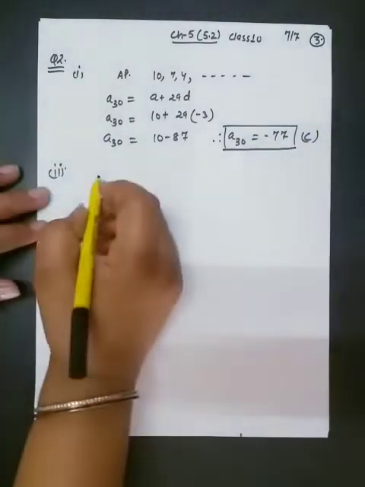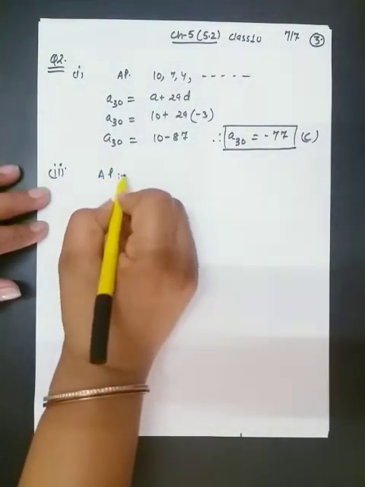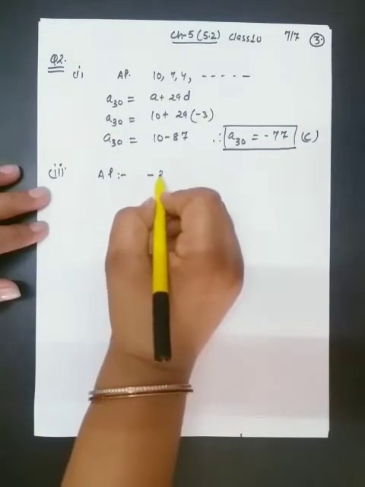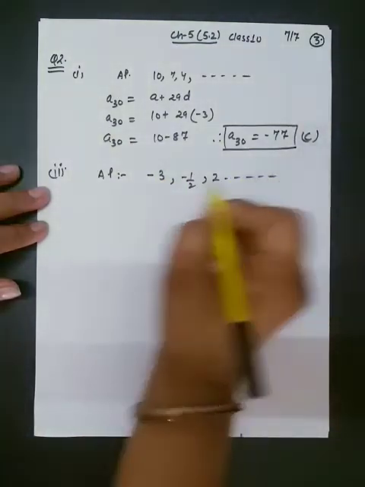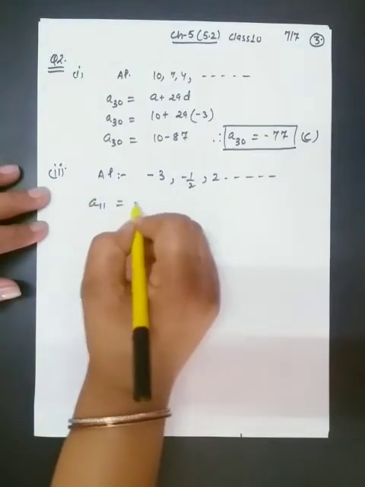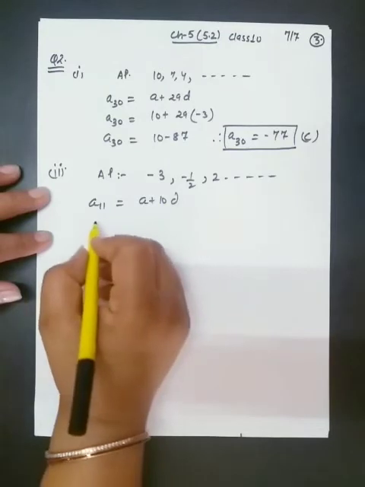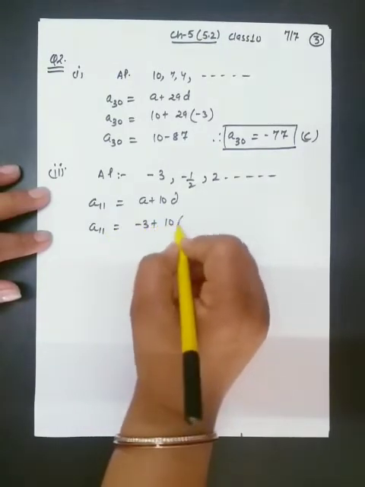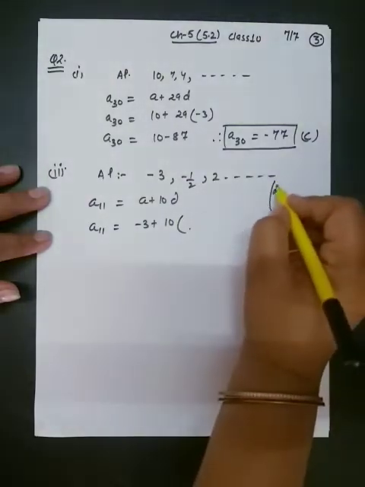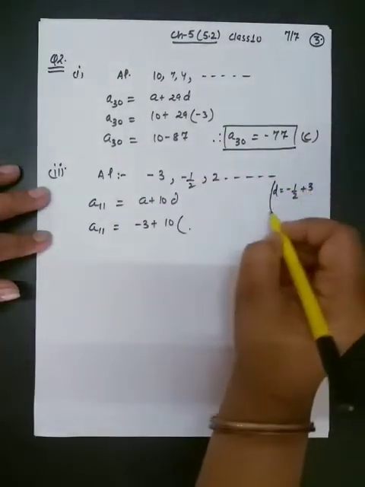Similarly, second part, you have to find 11th term. Minus 3, minus 1 by 2 and 2. Now A11 is A plus 10D. So A11 is equal to A is minus 3, 10, and we have to find D. And D is minus 1 by 2, minus 3 means plus 3.